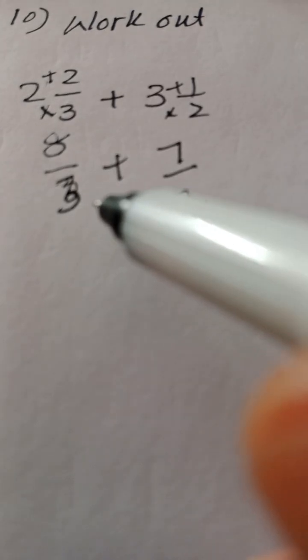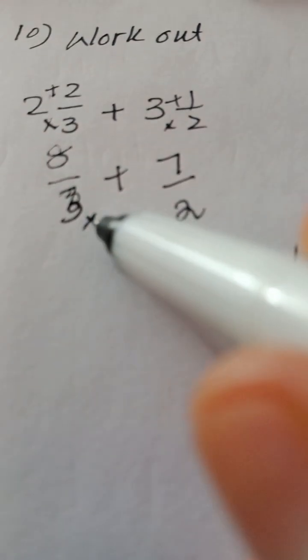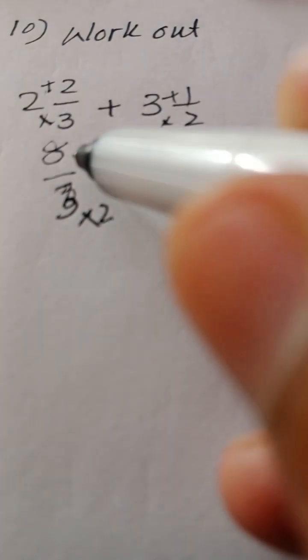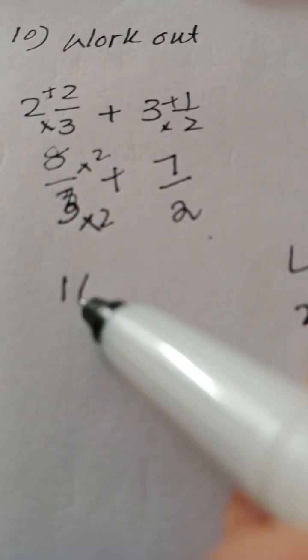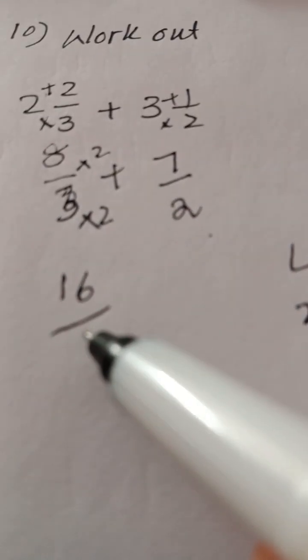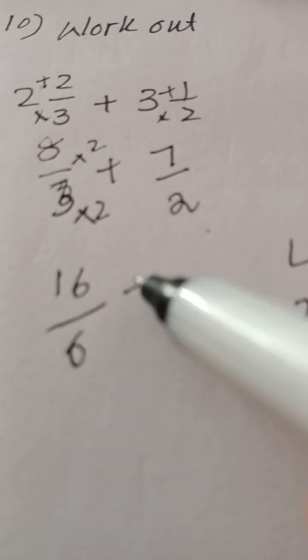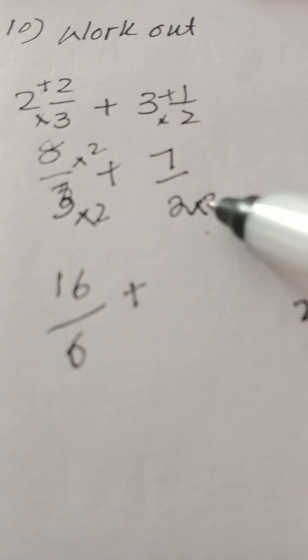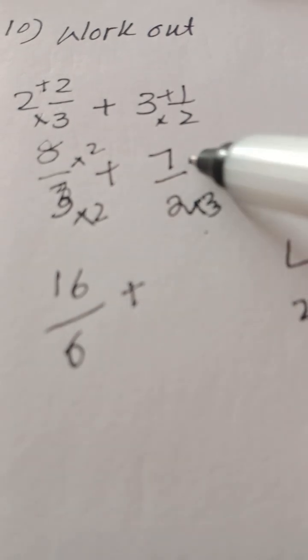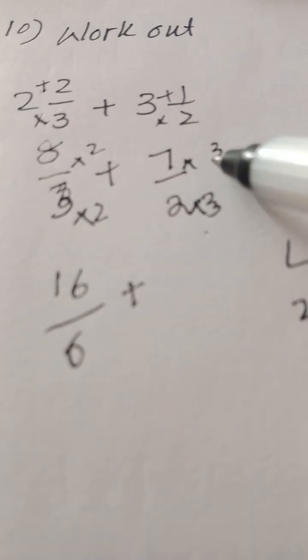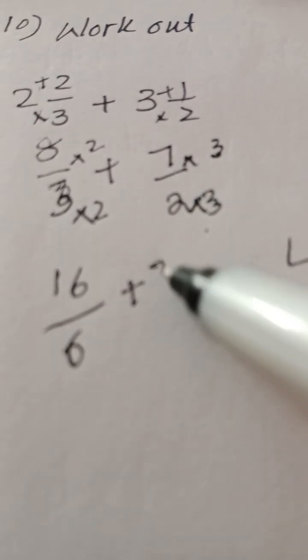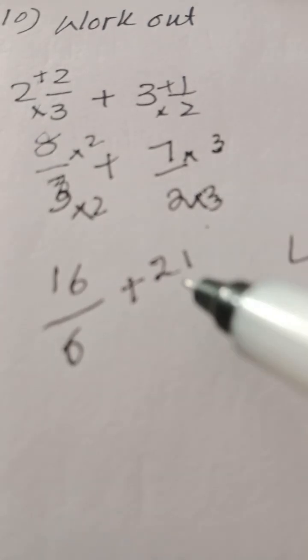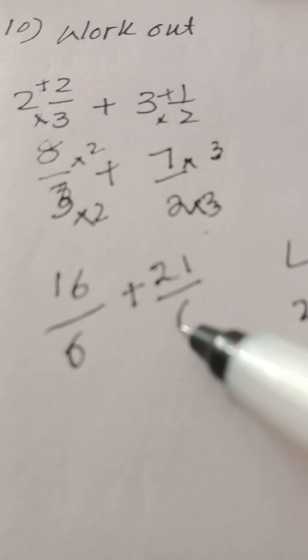So we will make their denominator common by multiplying 3 with 2 and 8 with 2. So it will be equal to 16 by 6. Again, here to get 6, we will multiply 2 with 3 and 7 with 3. So 7 3s are 21 and 3 2s are 6 is here.